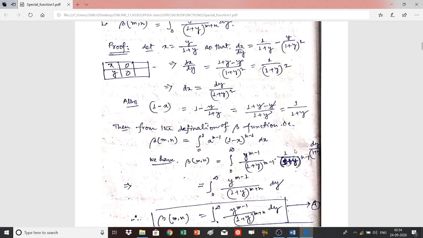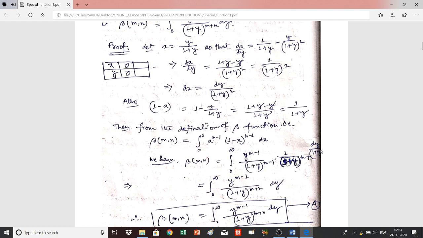So 1 minus x is nothing but 1 by 1 plus y. That is 1 by (1 plus y) to the power n minus 1. And then the value of x to the power m minus 1 is here, and the value of dx is here, dy by (1 plus y) square.